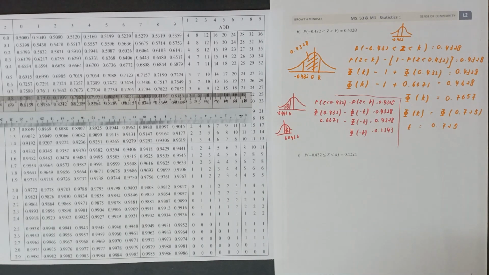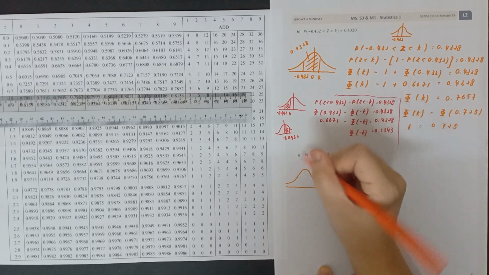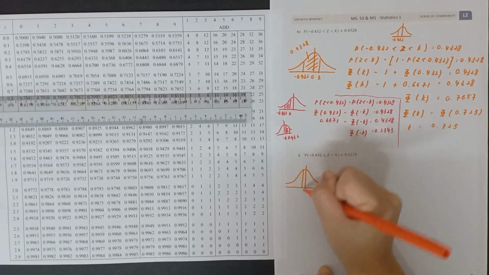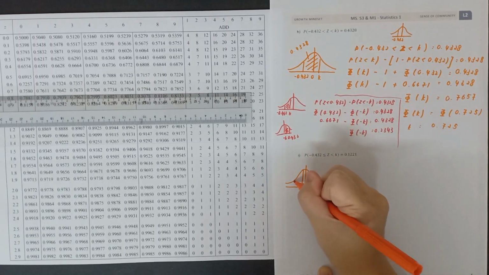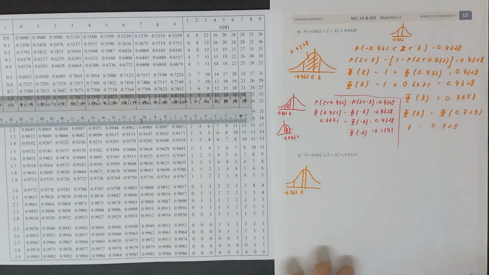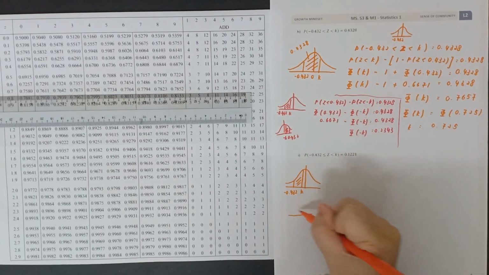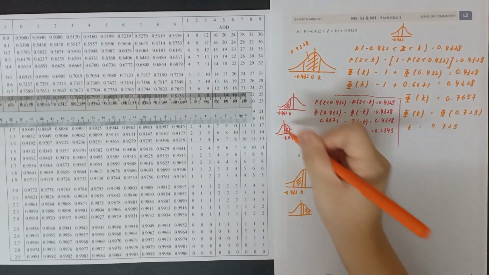Okay, so let's move on to part I. I'm just showing you the negative first, so we are doing the right thing first. Okay, so we know that k is a negative value also, so negative 0.432. So we are going to do reflection here, like what I drew here.